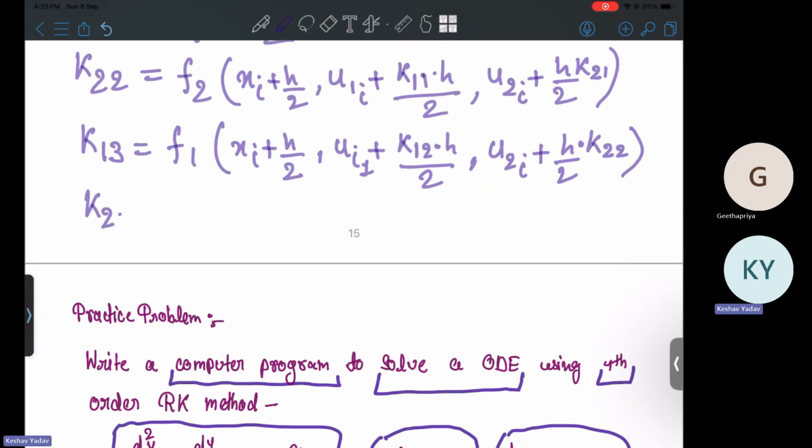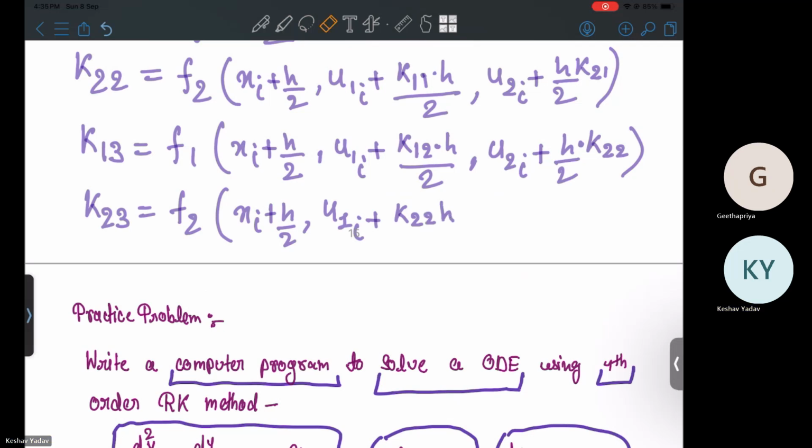Now k, second equation, third value, f2 of xi plus h by 2 comma u1i, sorry, I should write u1i, plus k from the second equation, second value, divided by 2 comma u2i plus h by 2 times the second equation, second value.